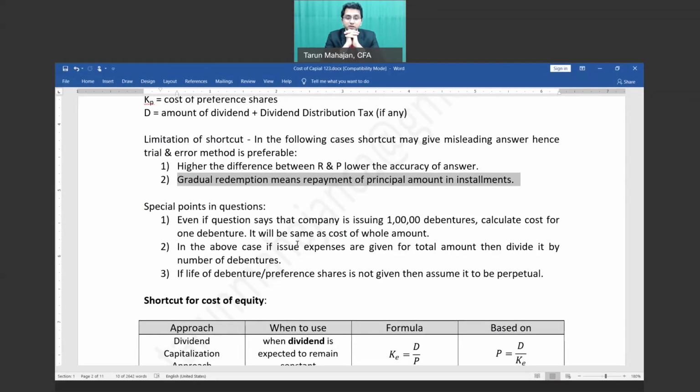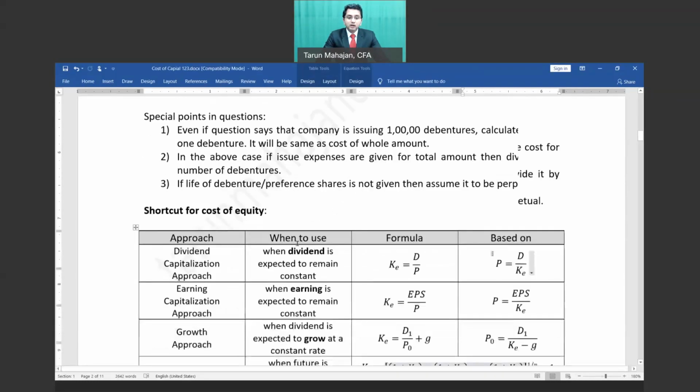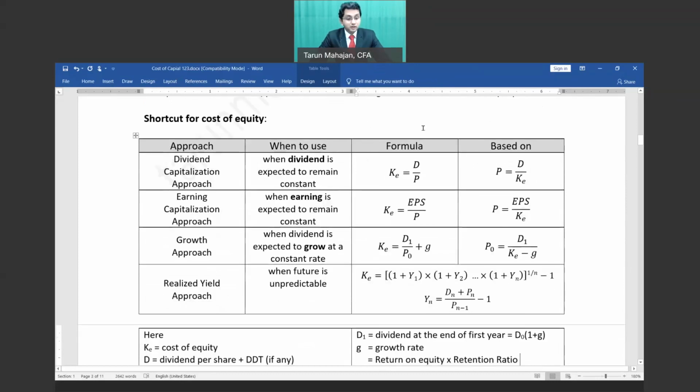If that is the situation, in that case also your shortcut formula fails. Shortcut formula fails in two situations: if the difference between R and P is higher, and if the bonds are to be redeemed gradually, step by step. So in those two cases, one should avoid the shortcut formula and better to use the full trial and error method. This was for the shortcut for cost of debt and cost of preferential.